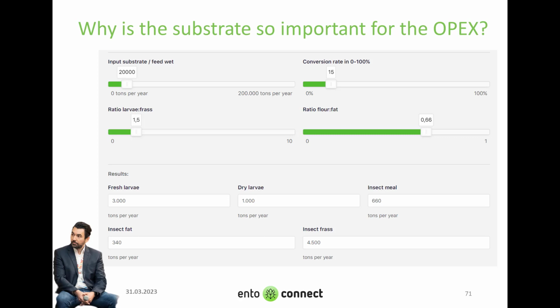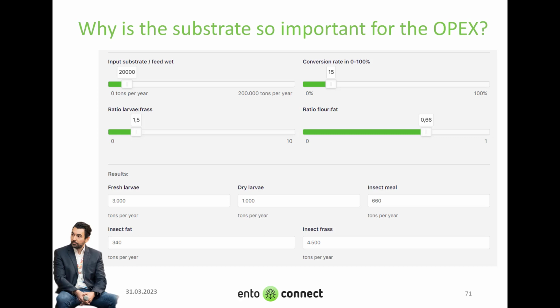Hopefully in a bit you will see our very high level calculation tool that we have on the website. That slide is about to illustrate the importance of the substrate in terms of the mass balance and also in terms of the OPEX.